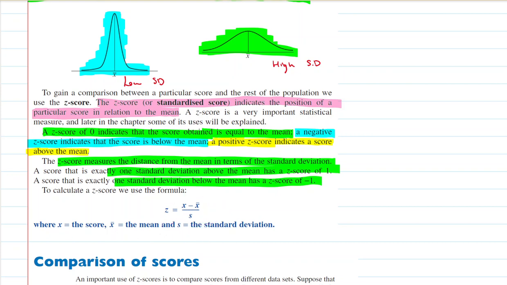Just a summary of what I just said: the z-score measures how far away your score is from the mean, and that will be either positive or negative. A positive 1 is 1 standard deviation above the mean, and a negative 1 is 1 standard deviation below the mean.